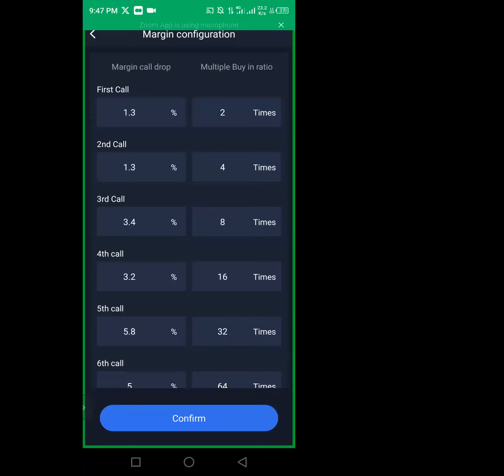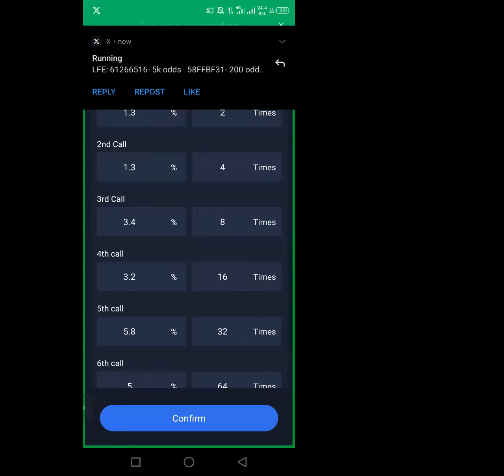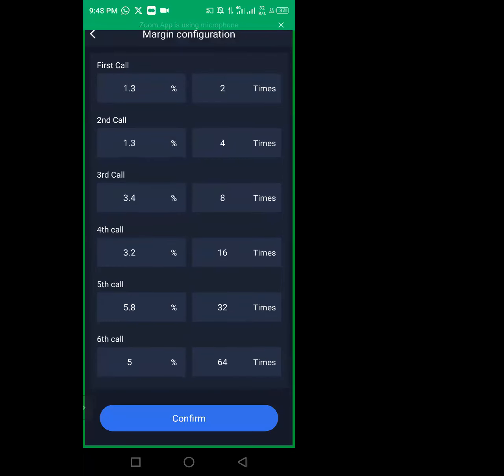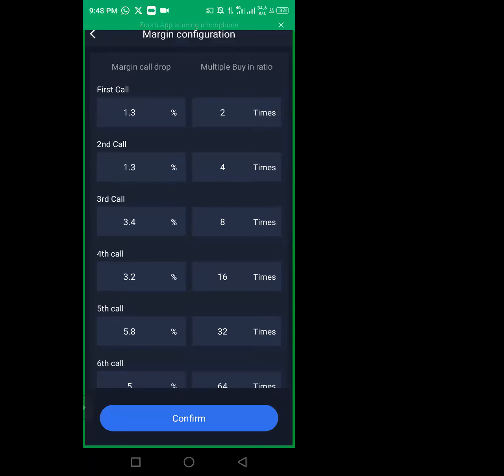So the times, this right-hand side, the multiple buy-in ratio, is where you instruct the robot on the amount of USDT it should use to buy each margin call. This is the default: 2, 4, 8, 16, 32, 62. So that is the default.